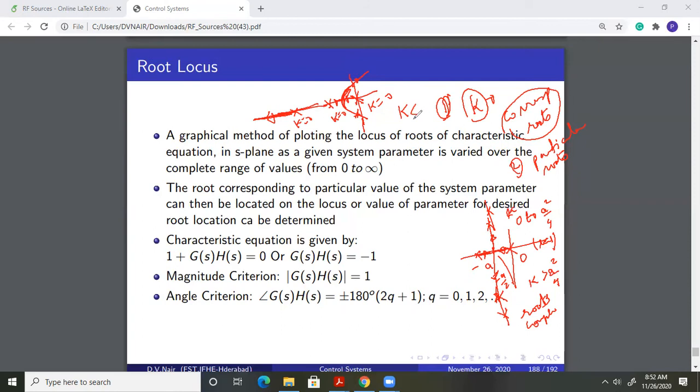It has to be less than or equal to some constant k1, so that the roots of the closed loop system remain in the left half of the S-plane only. So as long as the real part of the root is negative, the root locus remains in the left half. And once the real part of the roots becomes positive, the root locus has entered the right half of the S-plane.